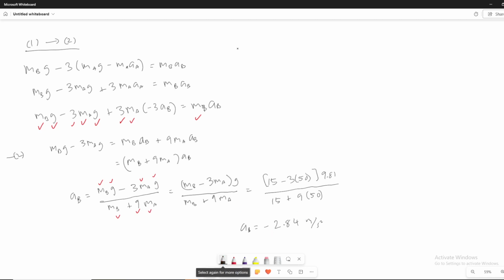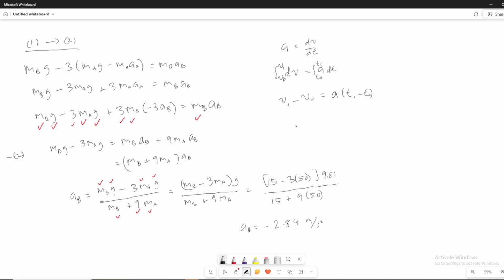So from a equals dv/dt, we can bring dt up here, we get dv equals a dt, and if we integrate both sides, v from v0 to v1, t from t0 to t1, we get v1 minus v0 equals a, because it's constant, nothing changes, times t1 minus t0.